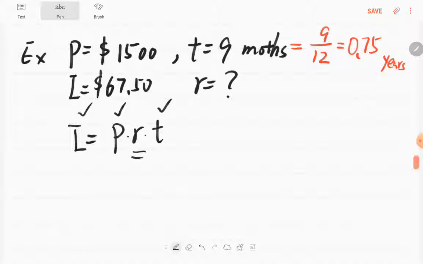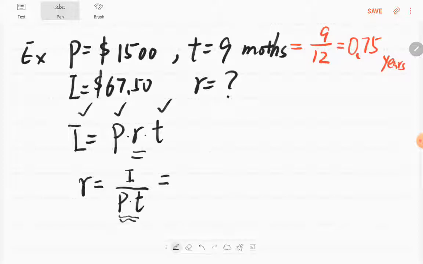We want to calculate R. So R is equal to, you divide by P and T on both sides, I divided by P times T. If you use your calculator, be careful. You need to do this product first, then divide by this product.